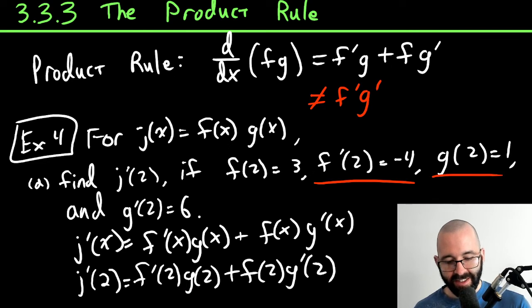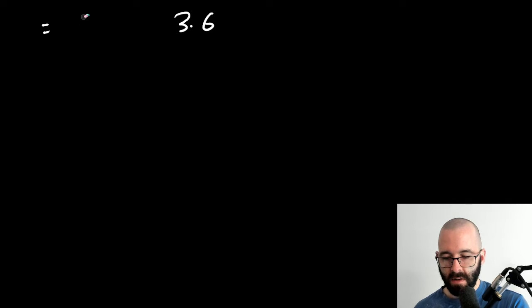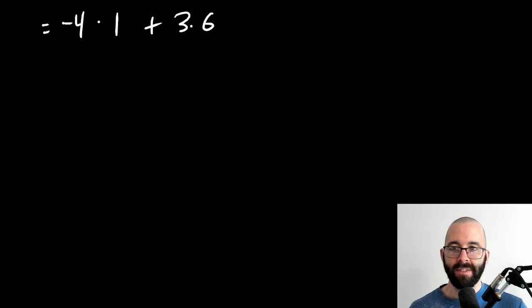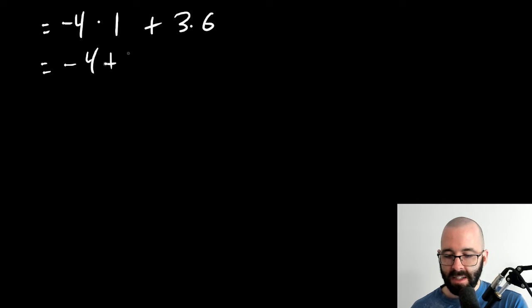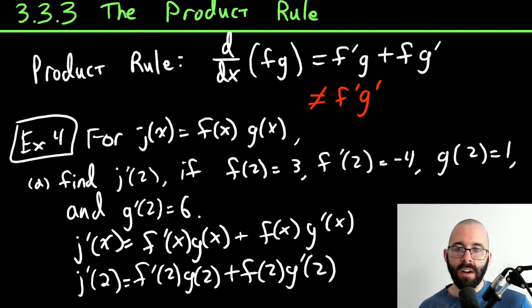So -4 times 1. There we go. f prime times g plus f times g prime. That'll be -4 plus 18 or positive 14. So even if we don't know what the functions are, right? I don't know what f and g are. We can still use the product rule.